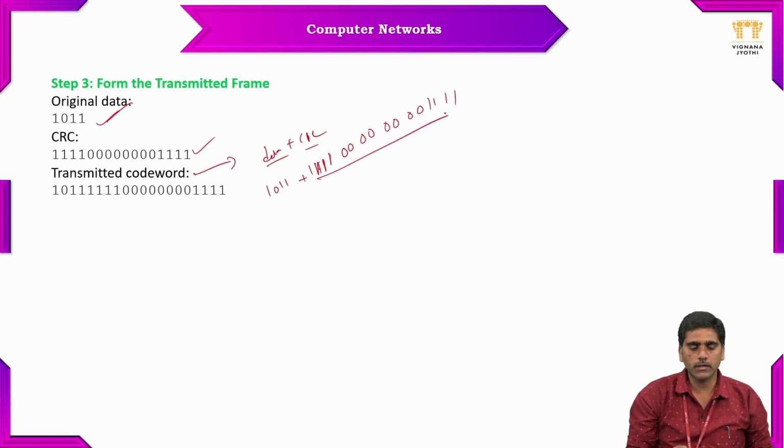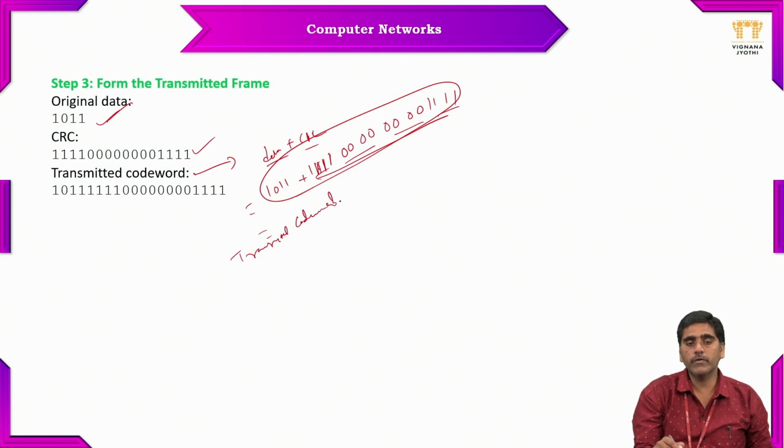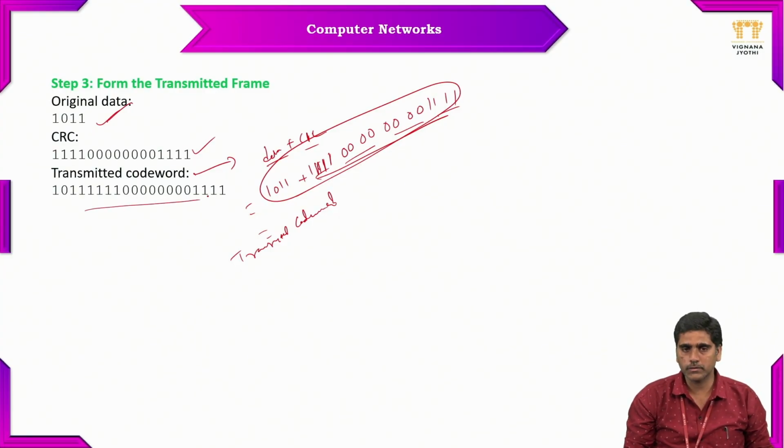This is the 16-digit CRC remainder that you obtained, plus the data. This entire bit sequence is the transmitted code word. In this way you obtain the CRC remainder and form the transmitted frame, the transmitted code word that you send to the receiver side.